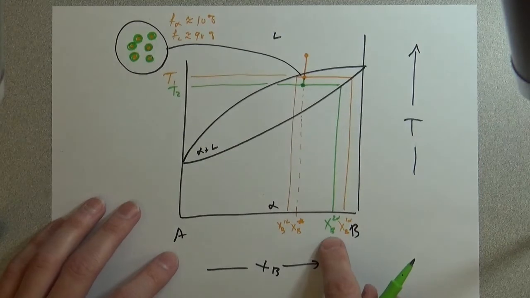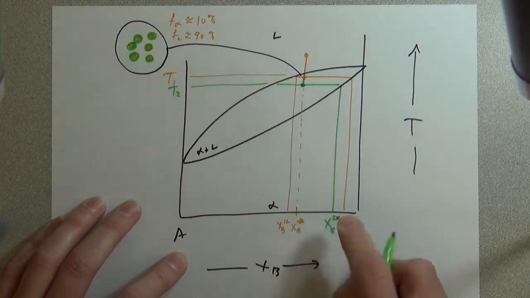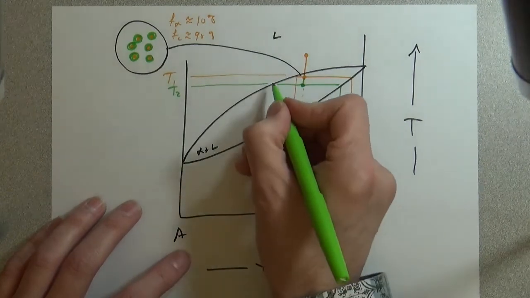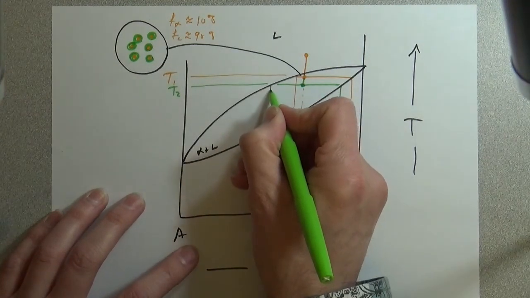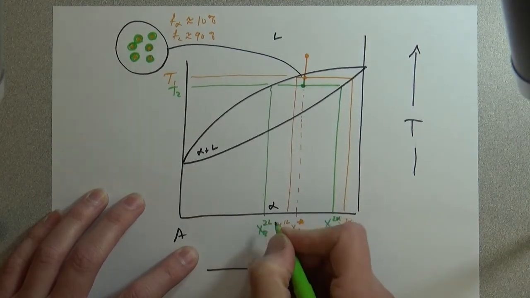And it's going to have composition XB2 alpha, and the liquid region has composition XB2 liquid.